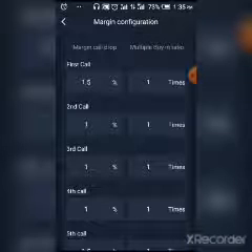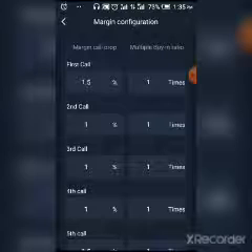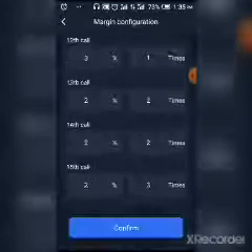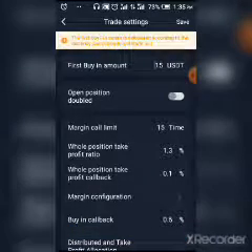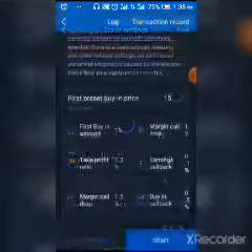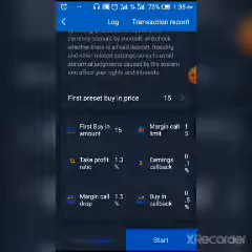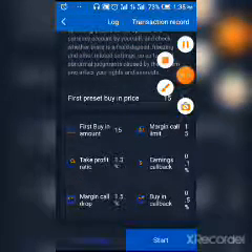So whatever the price is in the market at that point in time, the bot will not buy until the price drops by 1.5%. That's when it starts its first buy. Please take note of that, very, very important. We're done with that. Next thing is to click start, and then you can begin your trading.